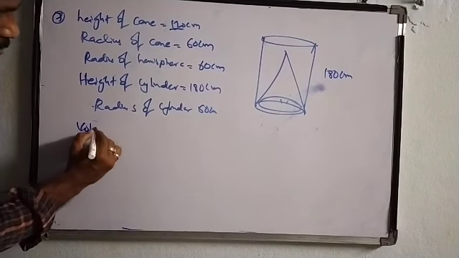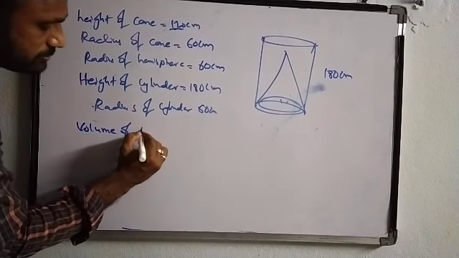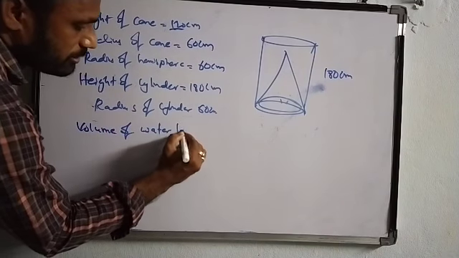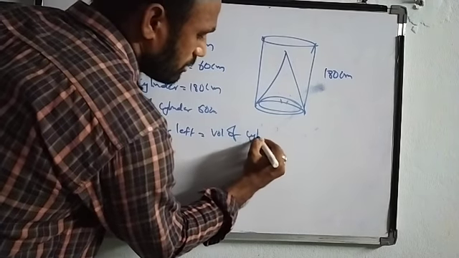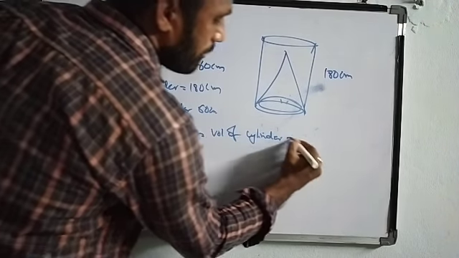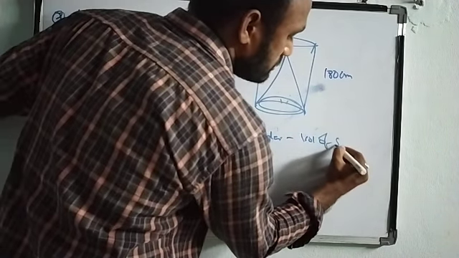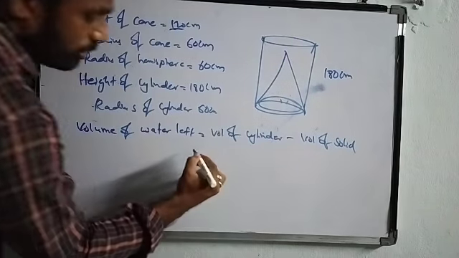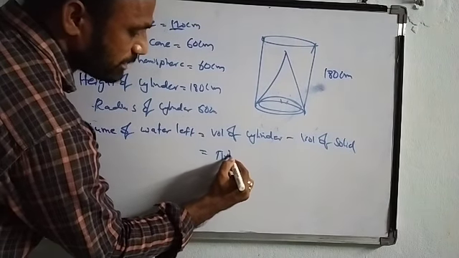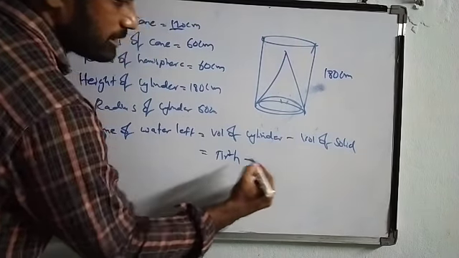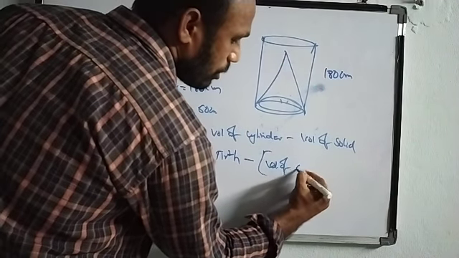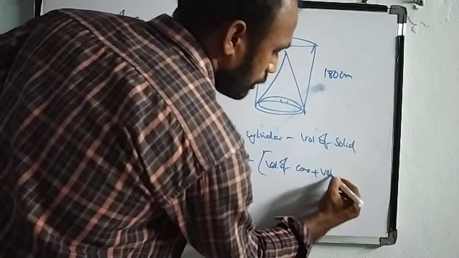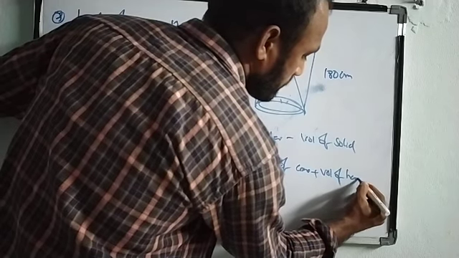So volume of water left is volume of cylinder minus volume of solid. The volume of the cylinder formula is pi r square h minus volume of the solid. We have two figures here, volume of cone plus volume of hemisphere.